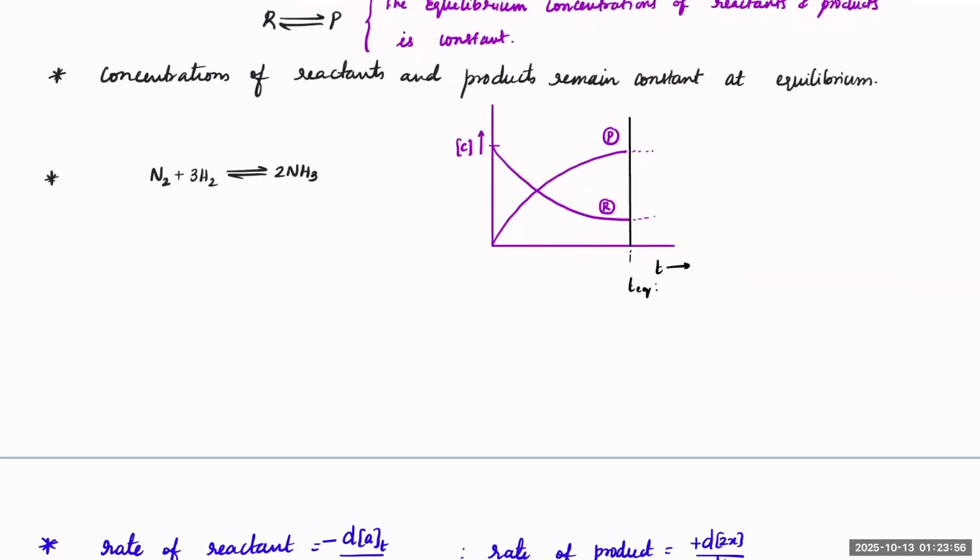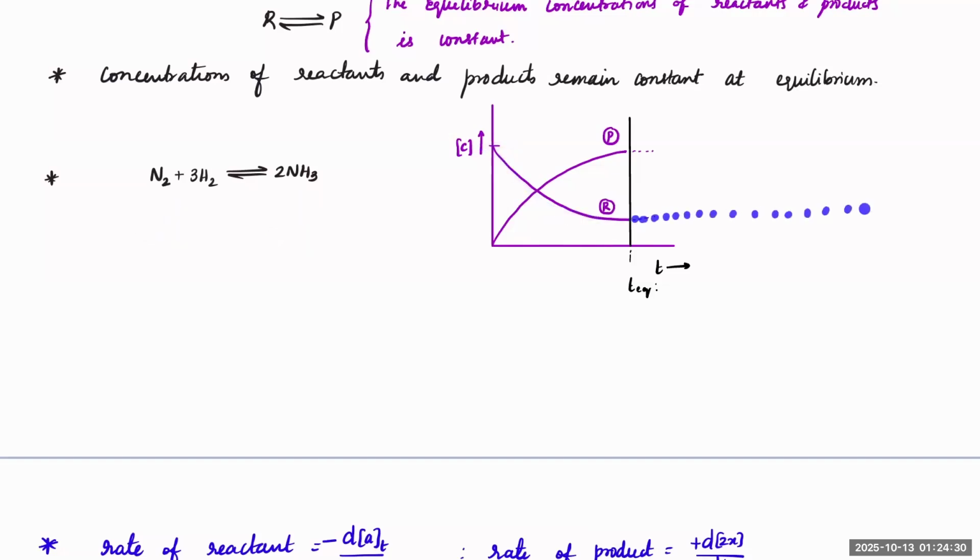Now, initially, let us take the example of nitrogen, hydrogen and ammonia. आप ऐसे समझो आपने नाइट्रोजन और हाइड्रोजन सफिशिएंट क्वांटिटी में लिया है इनिशियली. Here is the concentration of, let's say I'm talking only for nitrogen because that is a reactant, and ammonia, which is a product. So this is the nitrogen gas concentration initially, but over a period of time it should keep decreasing and reach a point where it has become constant.